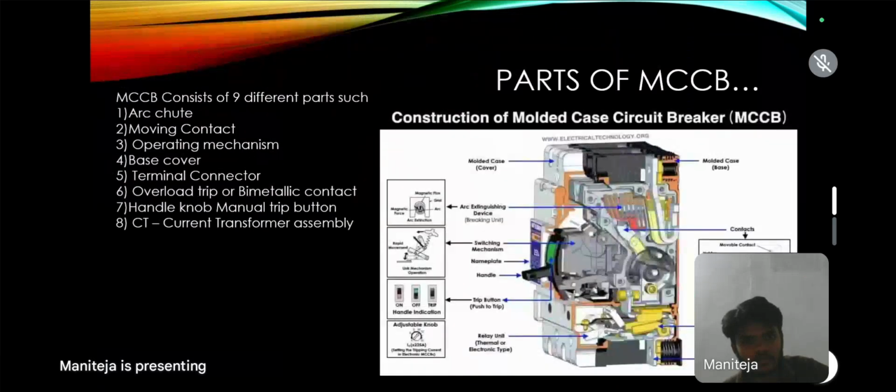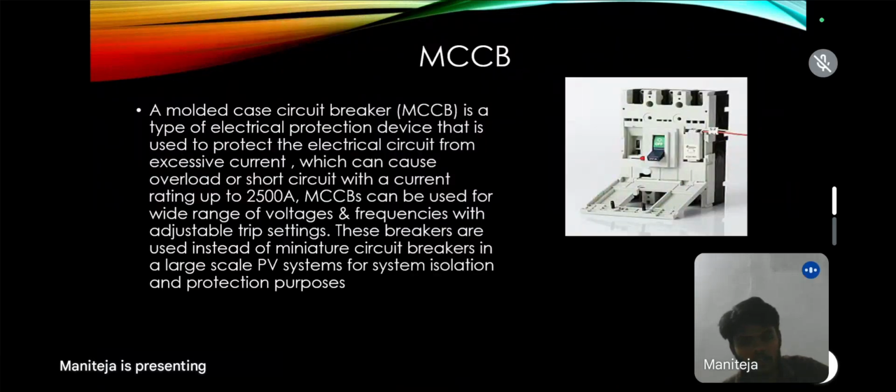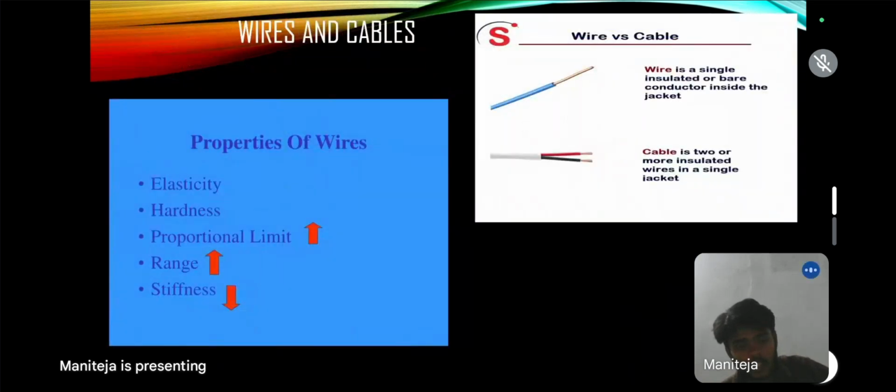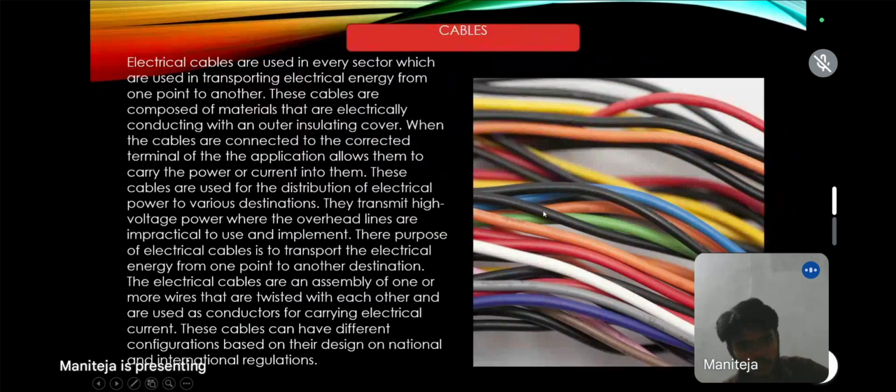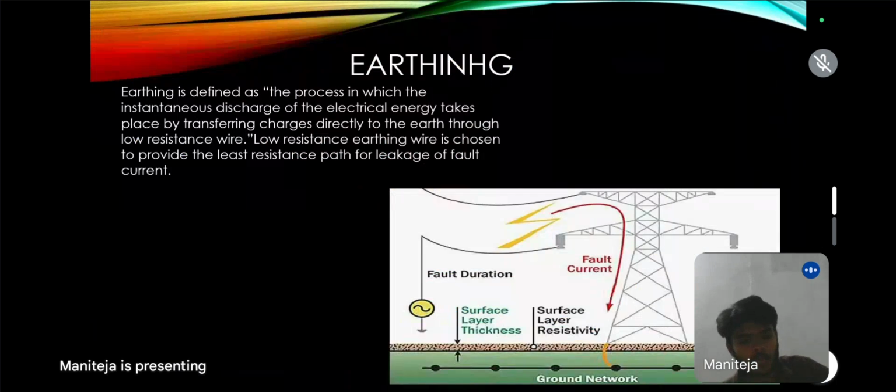The first thing is that MCCB is for protection from excessive load from the source, and the cables are for transfer of charge to the system or appliances. And in the next slide we go with earthing.